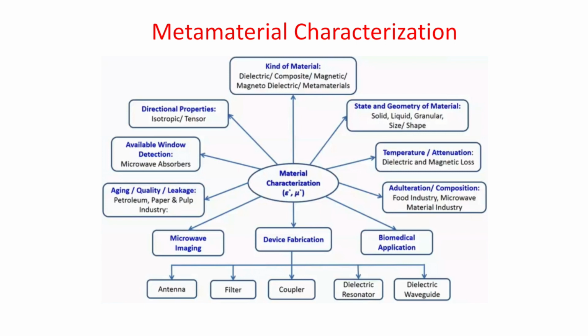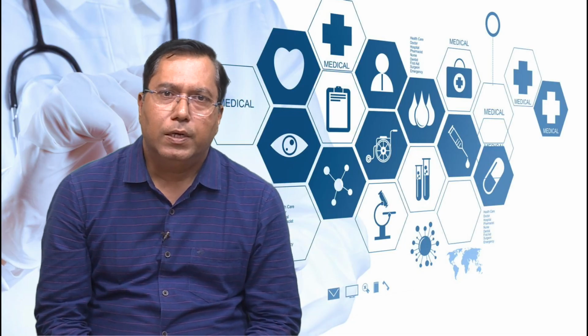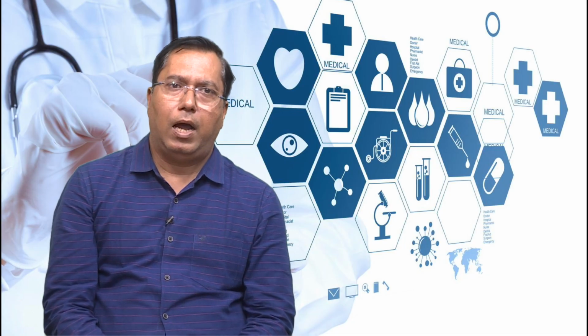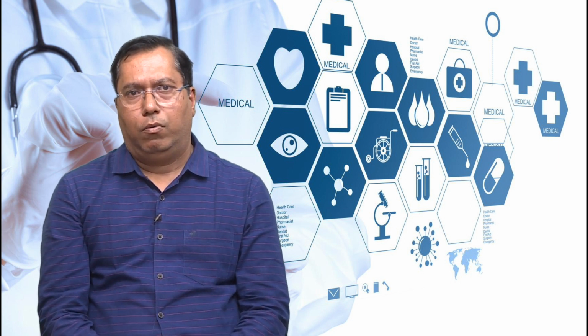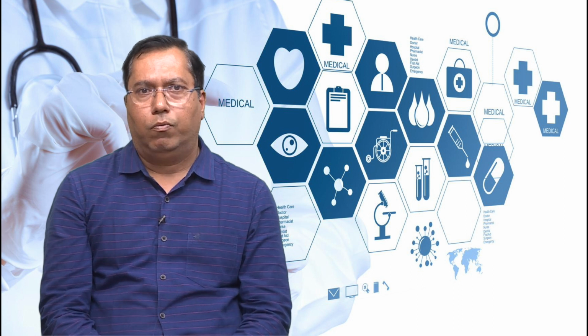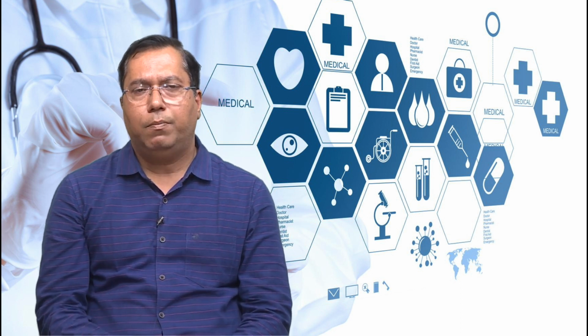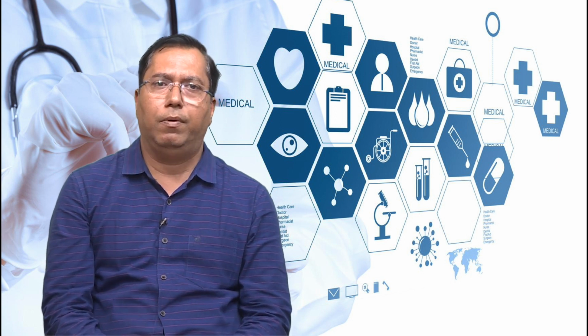Natural materials represent positive permittivity and positive permeability, and these materials are basically dielectrics. The metamaterials are artificial materials developed from assemblies of multiple elements, and these elements are naturally available materials like dielectrics or metals.